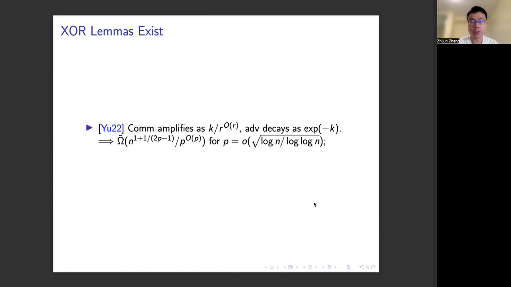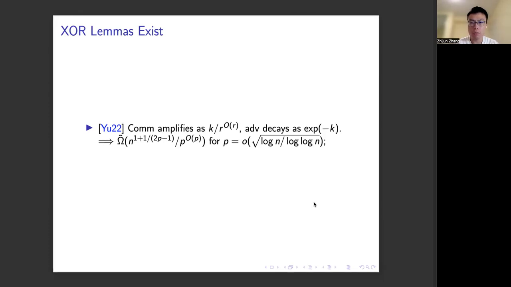Fortunately, in 2022, you proved the existence of such an XOR lemma where the computation increases by a factor of k over r to the order of r, and the advantage decays exponentially in k. So if we plug in the numbers, we get a space lower bound of n to the 1 plus 1 over 2p minus 1 divided by p to the order of p.